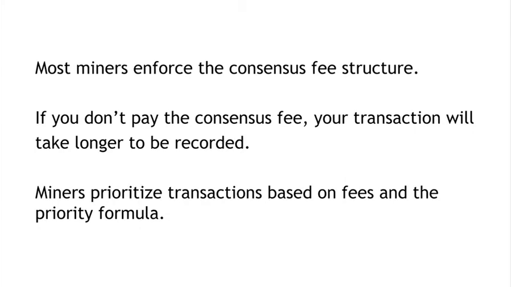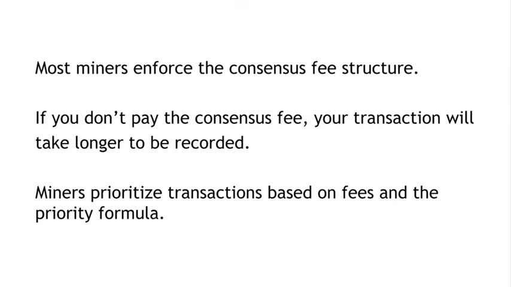Most miners prioritize transactions based on the fees that are paid and based on the priority formula. And I'm not going to go into the details of how that works, but if you pay more or if your priority is higher, according to the formula, then your transaction probably gets memorialized first. Now finally, I said this was the consensus and that most miners do it. But in fact, there are other miners who don't enforce these rules and who will record and operate on a transaction even if it pays a smaller fee or no fee at all.